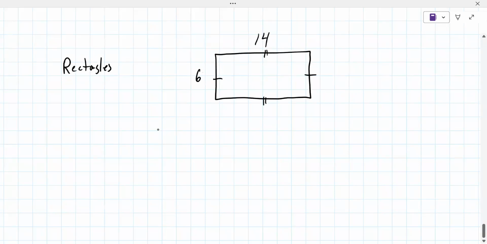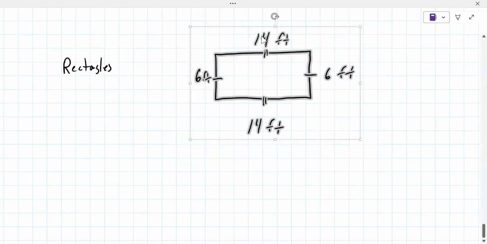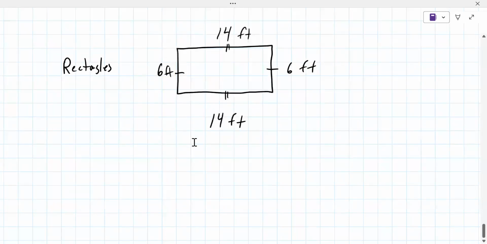We'll go with feet. Then you automatically know that the other one is 14 feet and this one is 6 feet. And so the perimeter is 6 plus 14 plus 6 plus 14, which ends up being 40 feet.